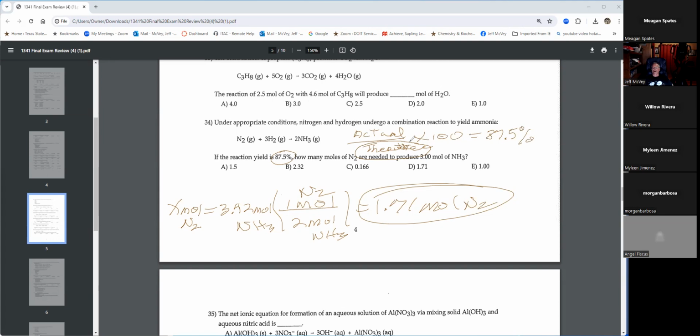So we have to solve for the theoretical yield. Once you get the theoretical yield of the ammonia, you can use the theoretical yield of ammonia to figure out how many moles of nitrogen you need to begin with. That was pretty messy, guys, and probably not very good, but we did actually come up with an answer. I say let's move on.